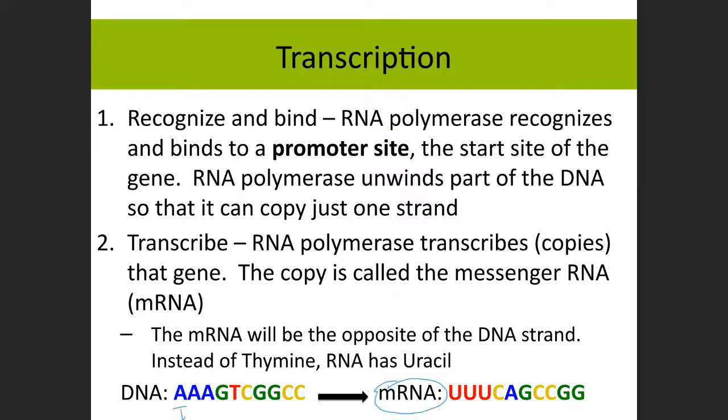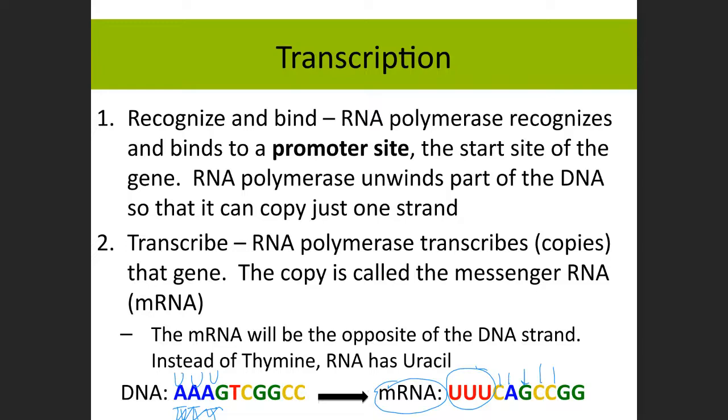Anywhere there's an A where we would have matched it on DNA to be a T, now it's a U. So here we've got UUU. If there's a G, it's a C. If there's a T, it's an A. If there's a C, there's a G. If there's a G, there's a C, right? So it's just like making a copy of DNA from DNA, except instead of T's, you're going to put U's down. So this is immediately one difference between RNA and DNA: they have one different base.